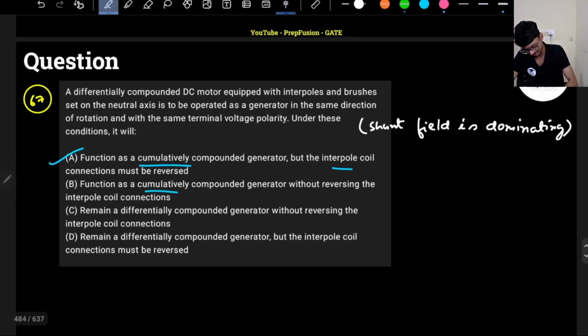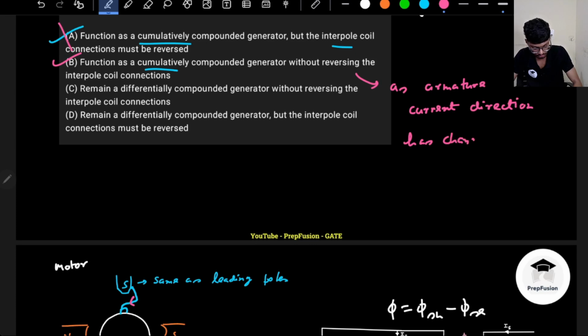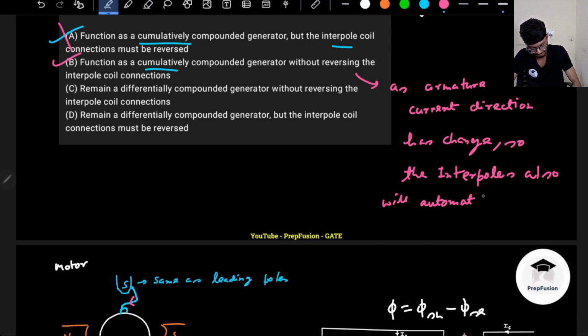So actually this is incorrect. As the armature current direction has changed, the interpoles also will automatically be reversed.